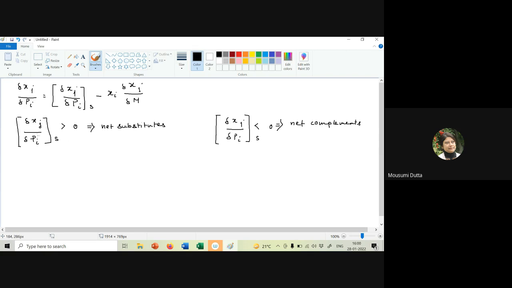In this case, del xj by del pi will be unambiguously greater than 0 if and only if del xj by del m is negative.